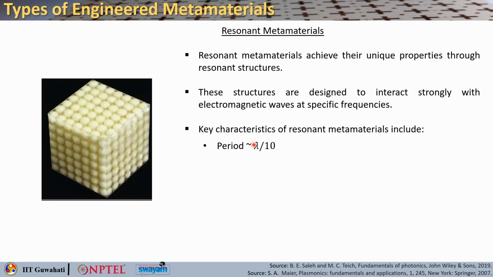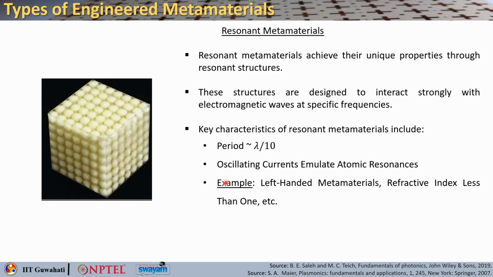An important parameter to remember is that we are talking in terms of a length scale which is lambda by 10, right. And we have already discussed that the oscillating currents in these meta atoms basically emulate the atomic resonances, because of which people have been able to demonstrate left hand metamaterials where both permittivity and permeability can be achieved negative over a particular frequency range. You can also have a refractive index less than 1 and so on.